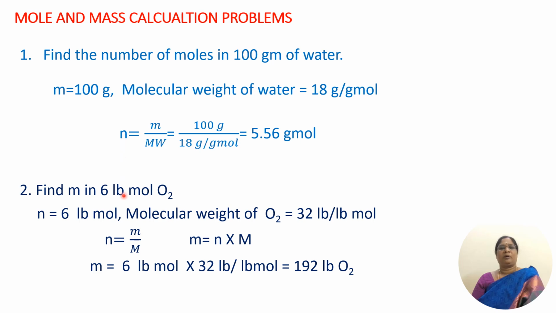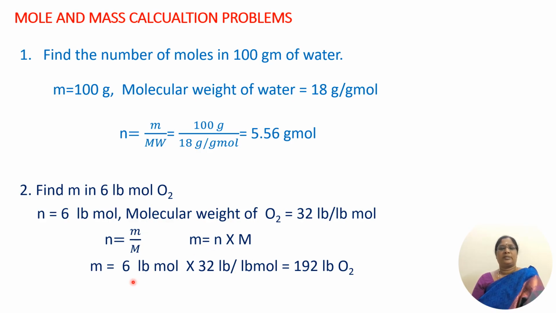In the second problem, find m, that is mass, in 6 lb mole of oxygen. In this problem, the number of moles is given as 6 lb mole. And we know the molecular weight of oxygen is 32 lb per lb mole. Using the formula n is equal to m by capital M, we can rewrite the formula as mass is equal to number of moles into molecular weight.